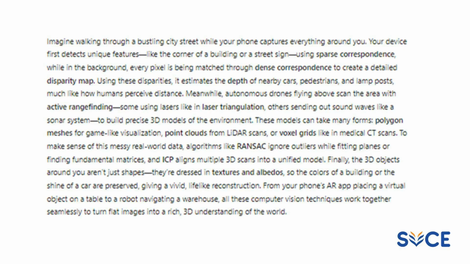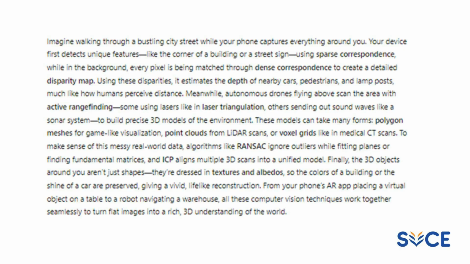Drones and robots do the same thing, but sometimes with lasers or sound waves to scan the world, like active range finding. The data they collect can look like little dots in space, the point cloud, blocky cubes like voxels, or smooth wire shapes like meshes.